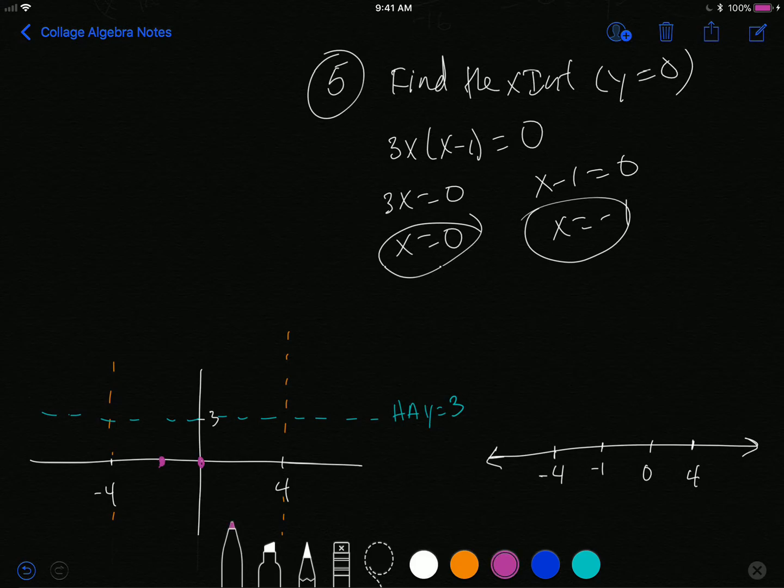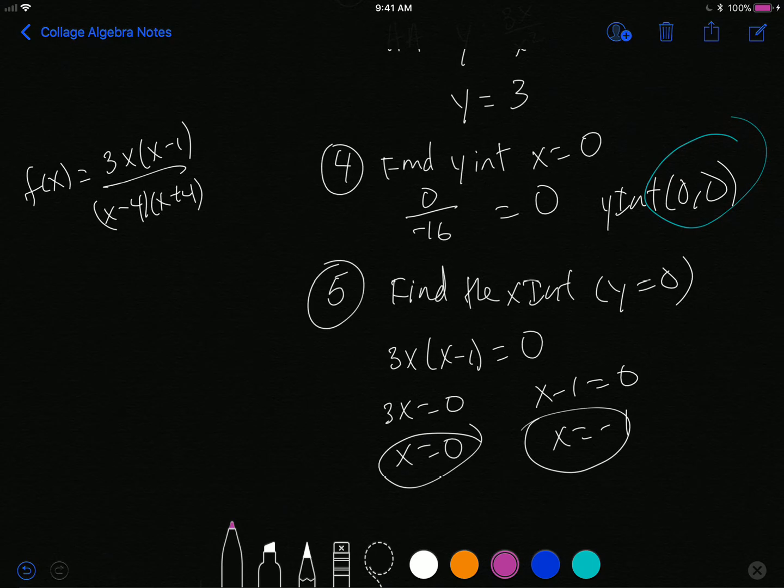So, let's take a number from this section right here, a test point of negative 5. I'm going to take negative 5 and plug it into the function. You will need a calculator to do this, so it's useful to have one.